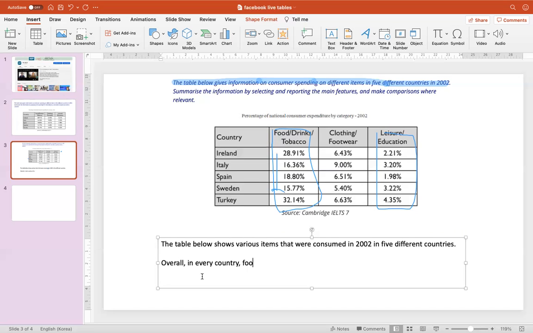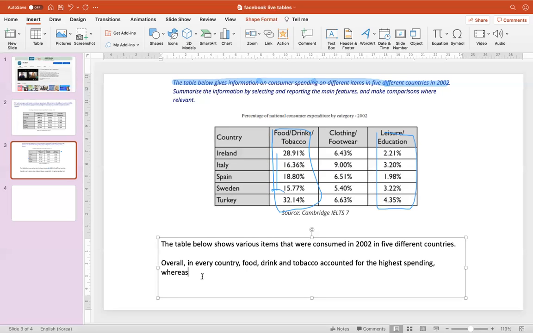food, drinks, and tobacco accounted for the highest spending. Whereas, what can we say? Maybe whereas leisure and education.